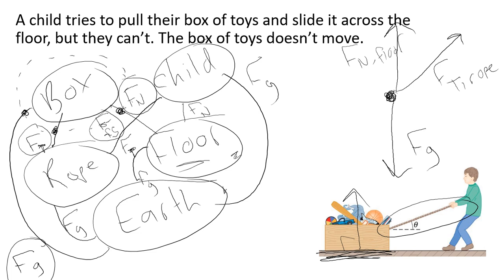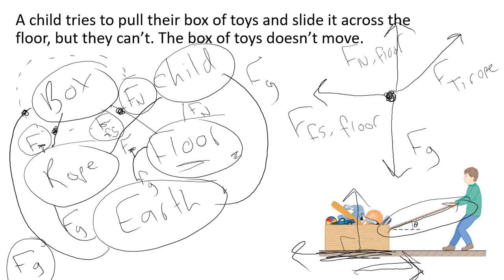And then the kid is tugging the box up at an angle. If the box was going to slide, it would slide to the right. Friction opposes that, so friction drags to the left. So our static friction from the floor goes to the left.